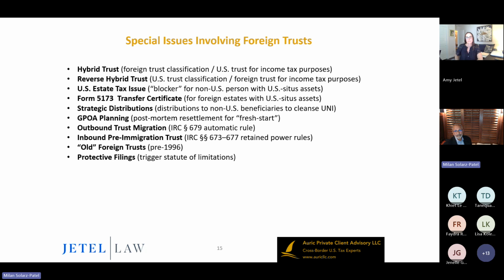And that is taking longer now because basically the IRS is shut down. So anyway, that's an important form to be aware of, particularly if you have US investments, which is why, again, the blocker avoids that problem. So tying back into the blocker.